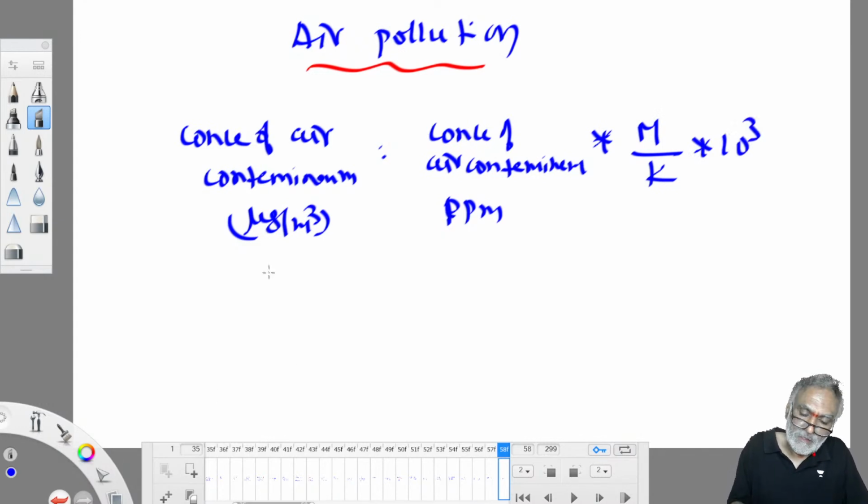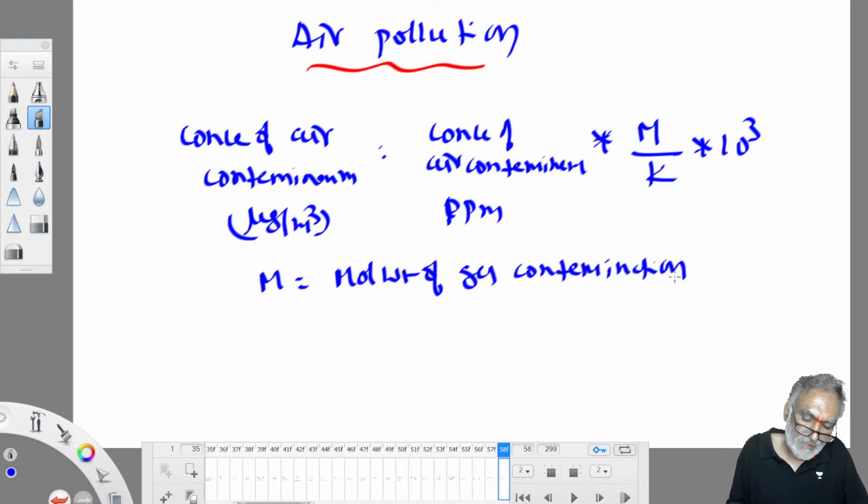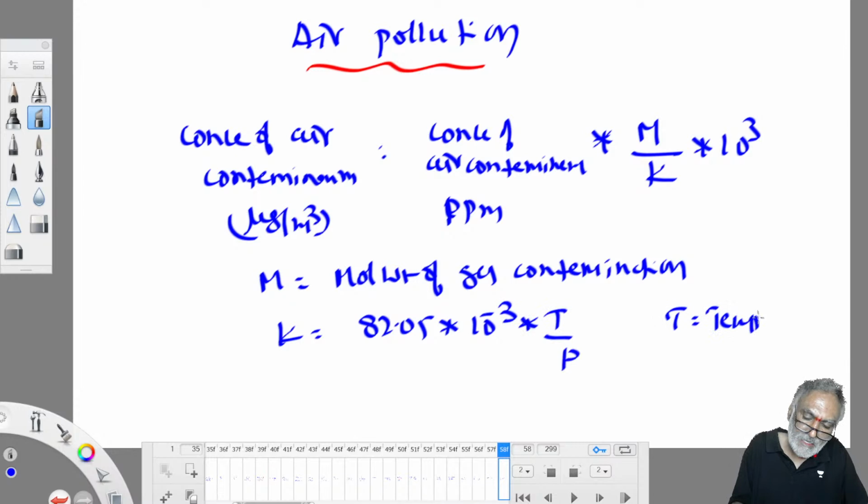Okay, this M is equal to molecular weight of gas contaminant. Either it is carbon monoxide, sulfur dioxide, carbon dioxide, whatever it may be. And K is a constant whose value is taken as 82.05 into 10 power minus 3 into T by P, where T is equal to temperature in degree Kelvin, P is equal to pressure in atmosphere.